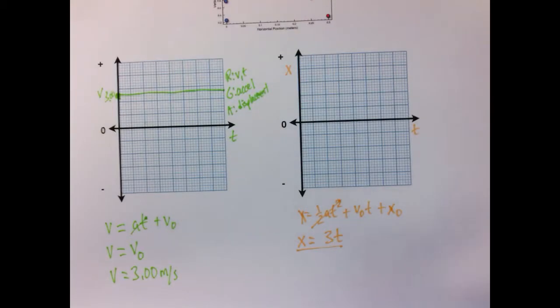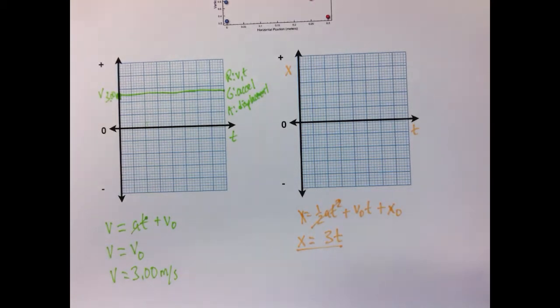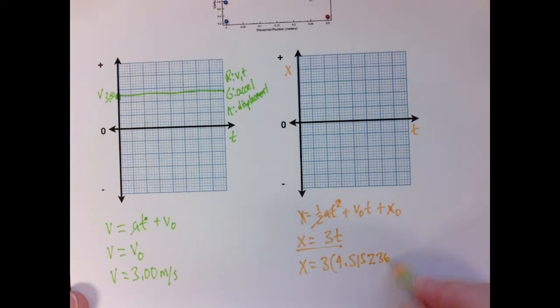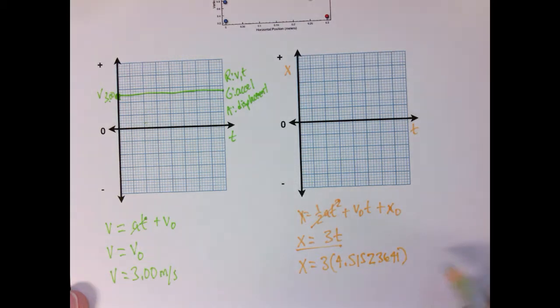So all we need to know is the time, which we found on the previous page. On the previous page, we found that the time was 4.51523641 unrounded. And I stored that in my calculator so I can use it later.